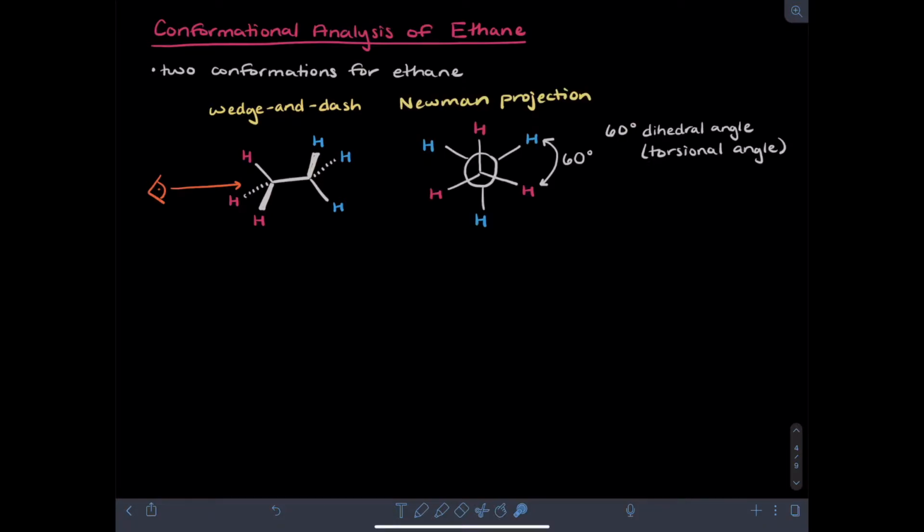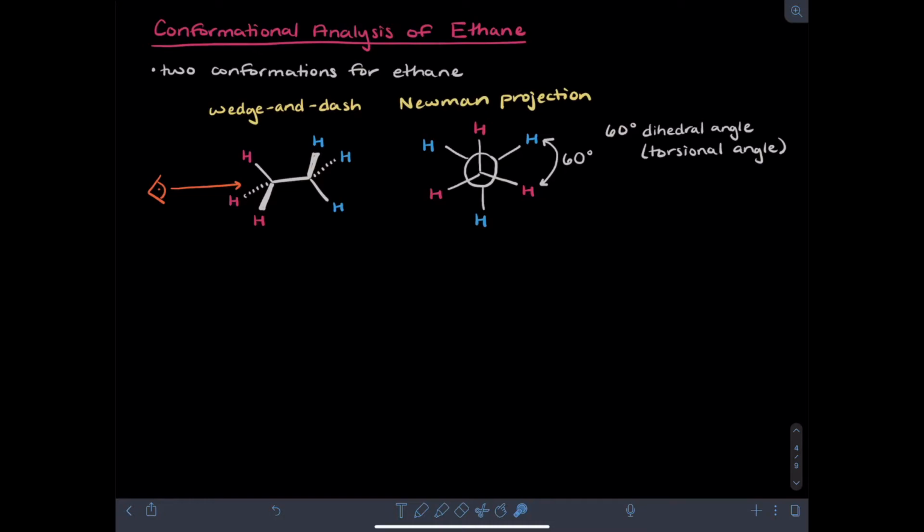The front carbon has the pink hydrogens on it. One of these points straight up, and the others point down and to the right and down and to the left. On the back carbon, I have a blue hydrogen pointed straight down, and then blue hydrogens also pointing up to the right and up to the left. In this conformation, there is a 60-degree angle between a blue hydrogen and a pink one.